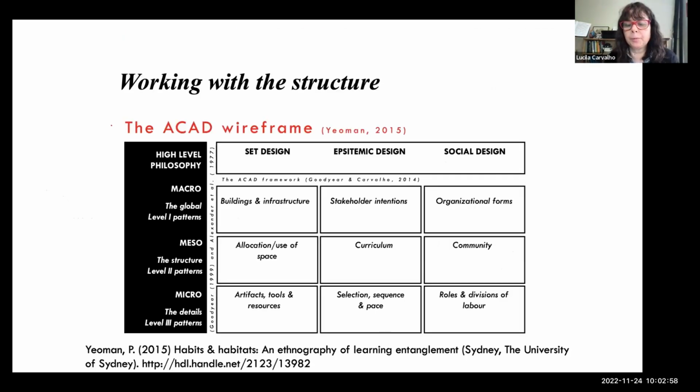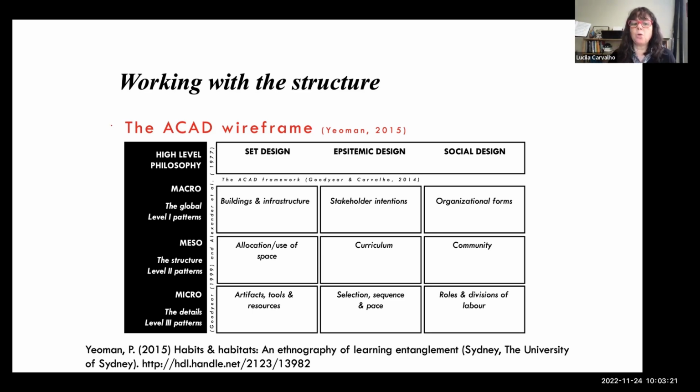And then this work comes from Pippa Yeoman, who was also part of the project that we were working on at the University of Sydney, and in her work, she was using the dimensions of the ACAD framework in terms of set design, epistemic design, and social design, but looking at them in terms of different levels of granularity, like I talked about at the beginning.